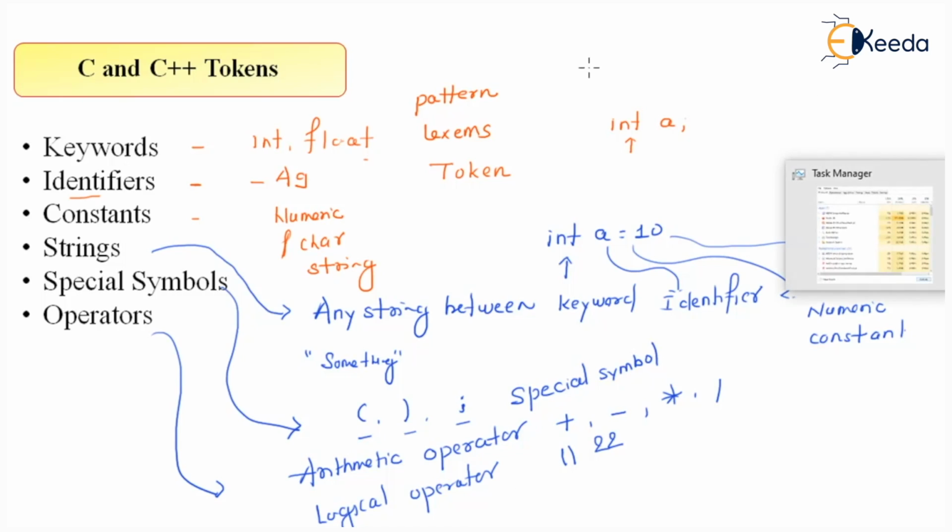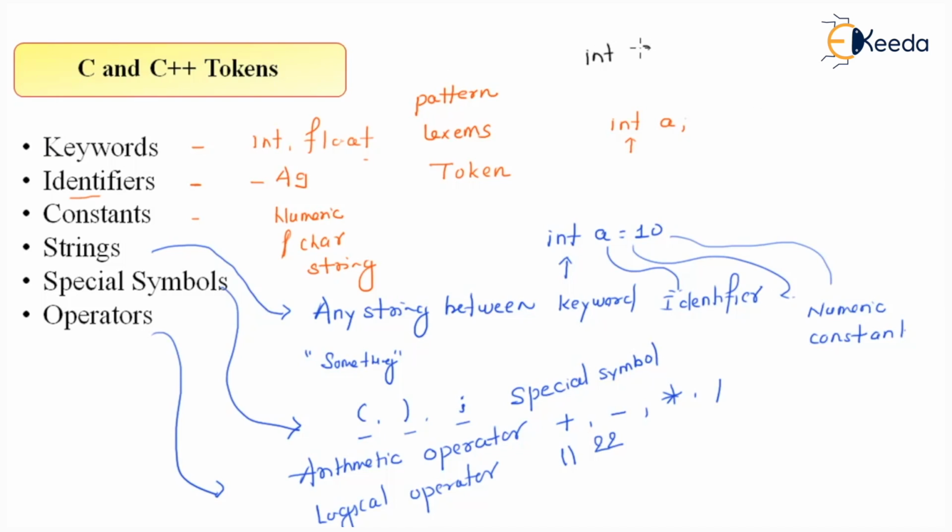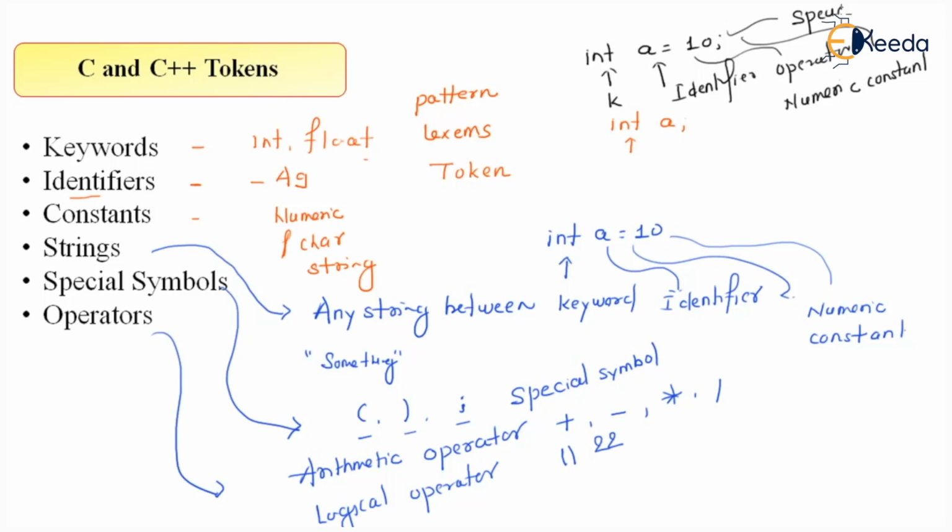Now if I write a sentence like int a is equal to 10, then int is a keyword, a is an identifier, equal to is an operator, 10 is a numeric constant, and semicolon is a special character.